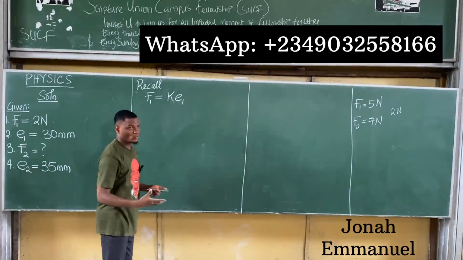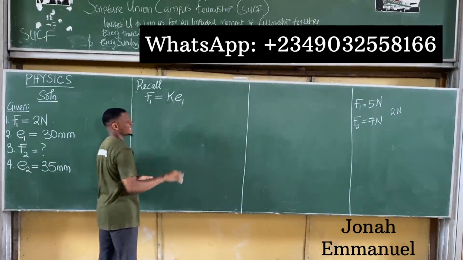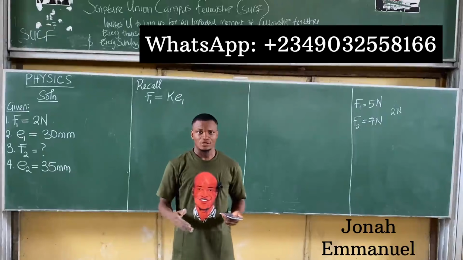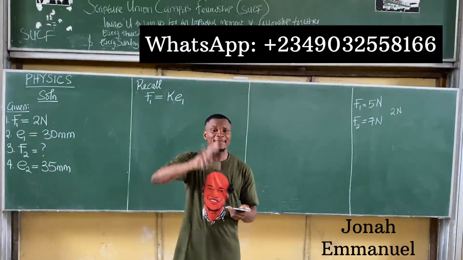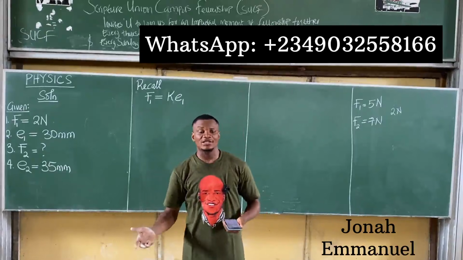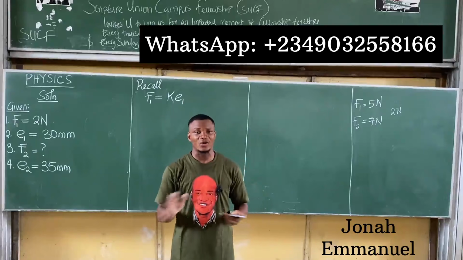The answer is simple. I did not put k1 because k is a constant. That's why it's called a spring constant. So it does not change. For any material, for any spring, the k is always constant, regardless of the additional force or the extension. So there's nothing like a k1, k2.